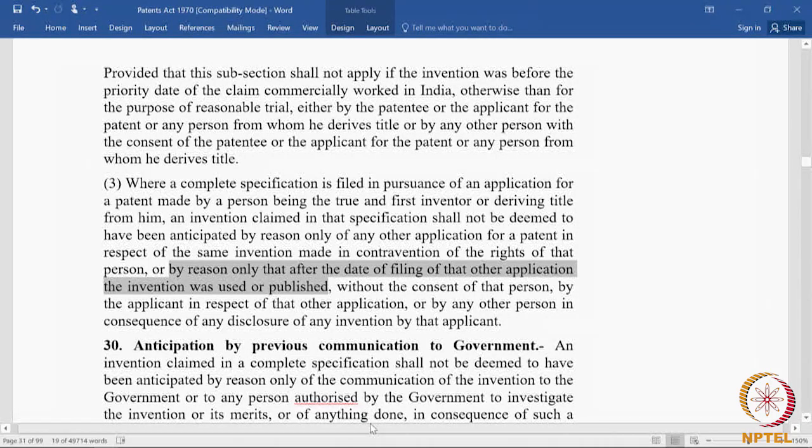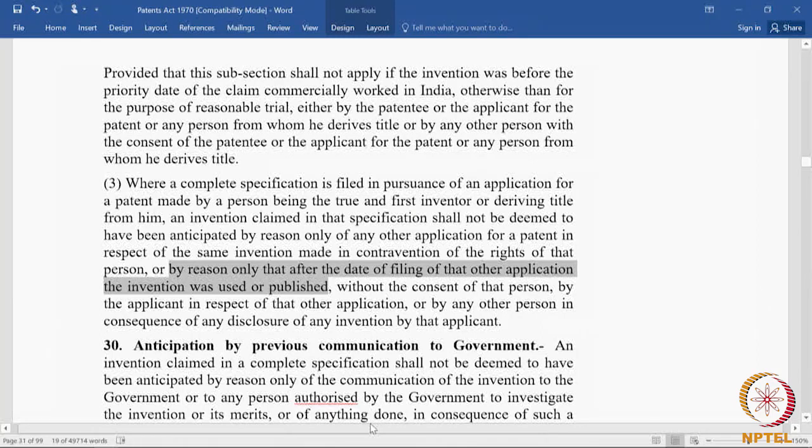So, assume that there is a 10-month gap between application A and application B. Application B is filed in October and application B is filed by the true and first inventor or the person who is actually entitled to it. Let us call him the genuine applicant. Application B is filed by the genuine applicant. Application A is filed in January itself, but not by a genuine applicant.